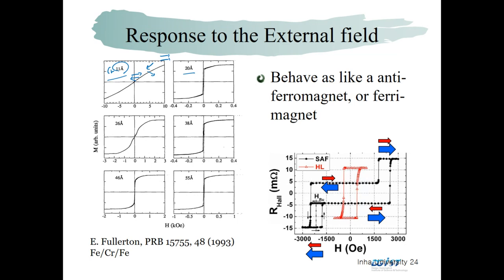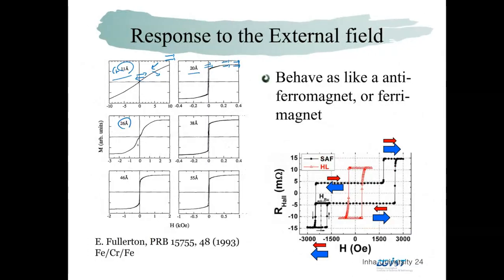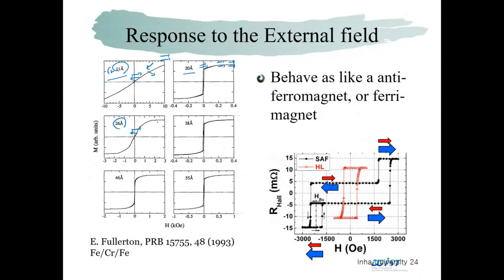in this case 9 angstrom, which means around 3 or 4 monolayers, the strong antiferromagnetic coupling disappears, and all spins are parallel with a small field. And again, at 6 angstrom more, we have another antiferromagnetic coupling, which can be saturated with a large field.